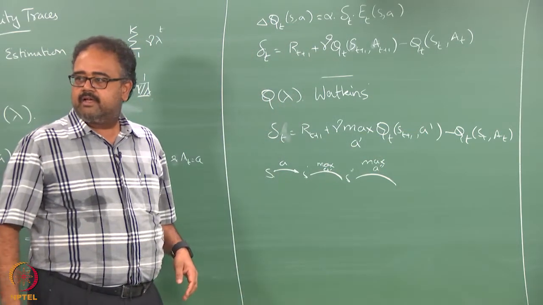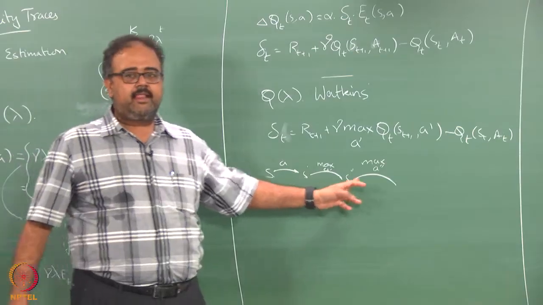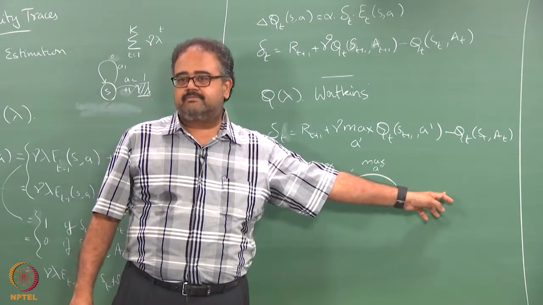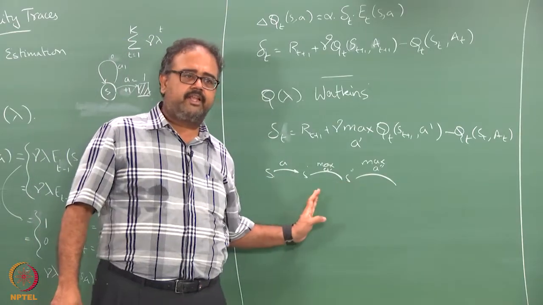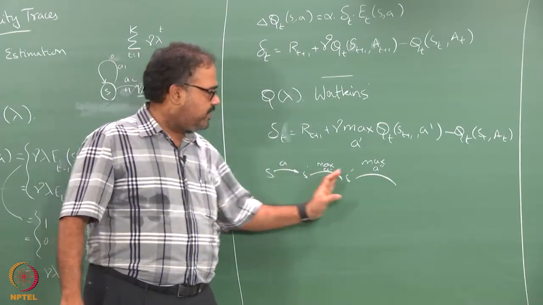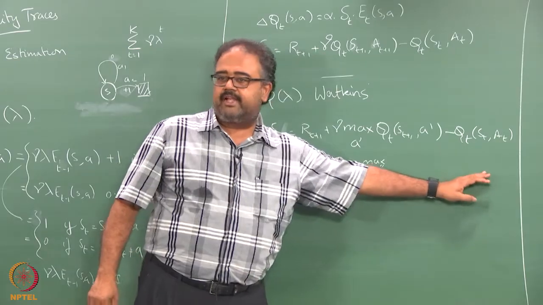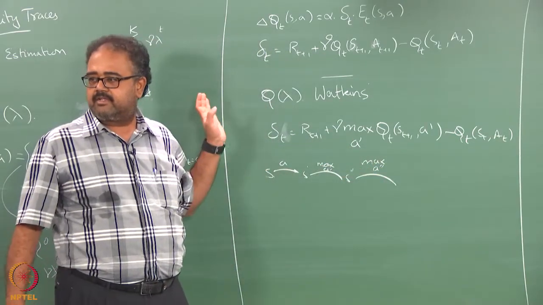This is essentially the greedy policy. If I execute the greedy policy, then however many steps I have gone, I can use that entire return in my updation.